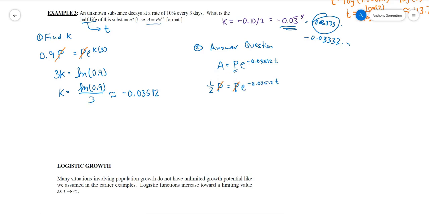Divide both sides by the original amount, you would get 1/2 equals e to the negative 0.03512t.